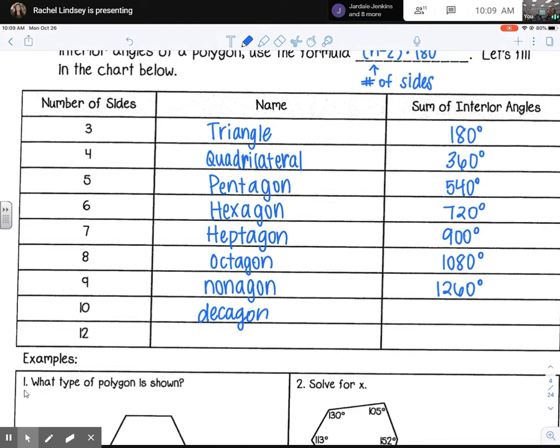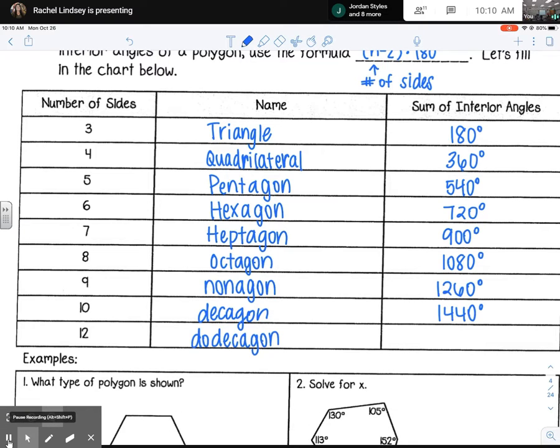But decagon is 10, and then 10 minus 2 is 8. What's 8 times 180? 1,400. Okay, and then it skips 11 and goes straight to 12.